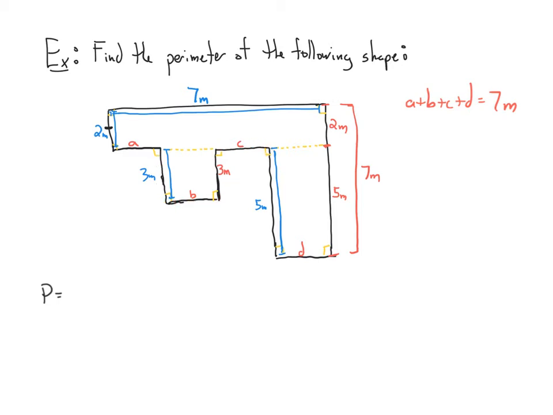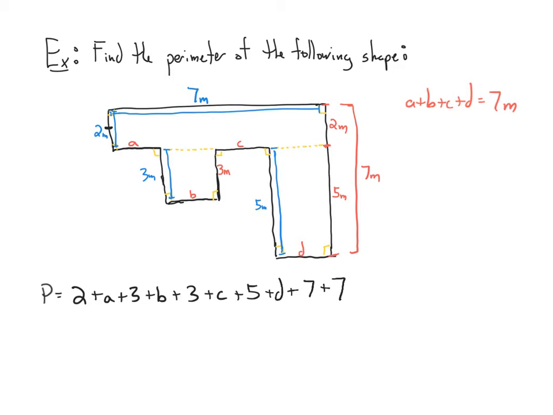Okay, so we get 2 meters plus A meters plus 3 plus B plus 3 plus C plus 5, just to make sure you understand what we're doing. 2 plus A plus 3 plus B plus 3 plus C plus 5, and we continue. Plus D plus this long side, 7, plus the top, another 7, and they're all of my sides.